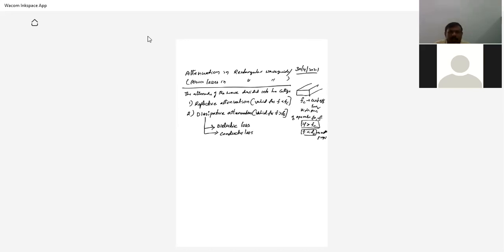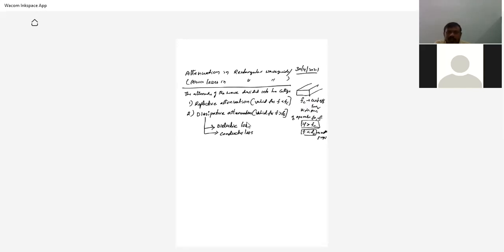So for attenuation or power losses in the rectangular waveguide, depending upon the cutoff frequency, we can divide into two categories. If the operating frequency is more than the cutoff frequency, then only the wave is allowed into the waveguide. If the operating frequency is less than the cutoff frequency, the wave is not allowed into the waveguide. Already I told, it acts as a high pass filter.